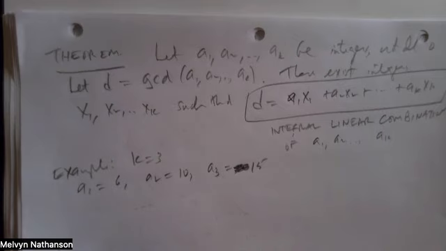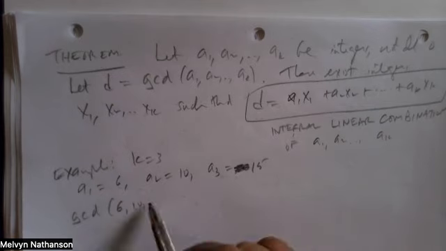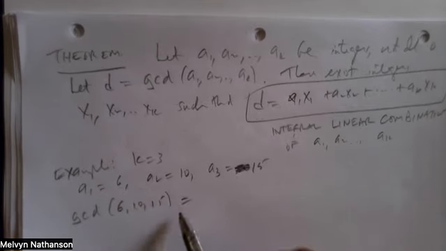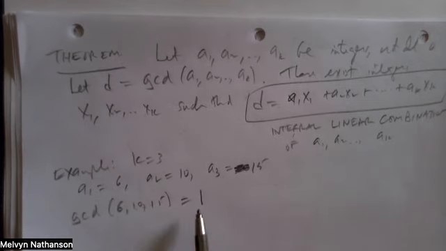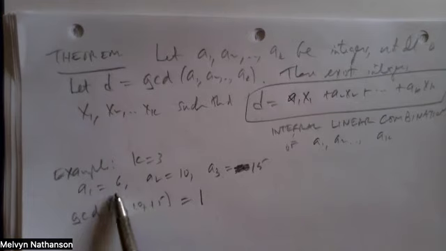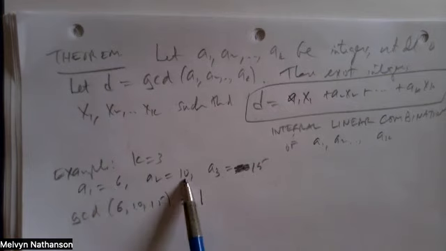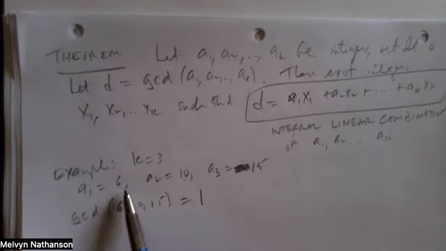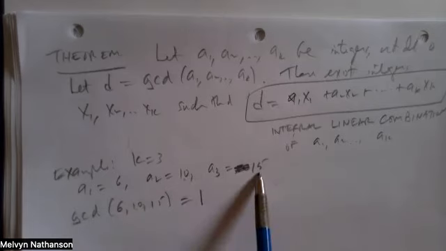The greatest common divisor of these numbers, the GCD of 6, 10, and 15, well, in fact, the largest number that divides all of them is just 1. There's no number bigger than 1 that divides these. Because, for example, what are the divisors of 6? 1, 2, 3, and 6. 6 doesn't divide 10. 3 doesn't divide 10. So the common divisor of 6 and 10 is 2, but 2 doesn't divide 15. So the largest integer that divides all 3 of these numbers is 1.